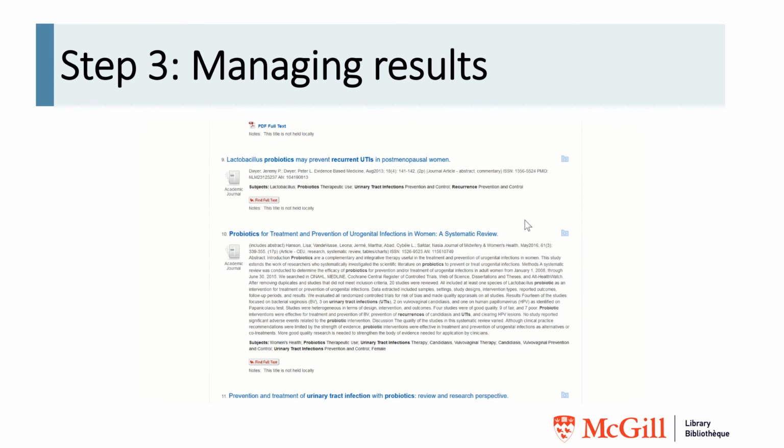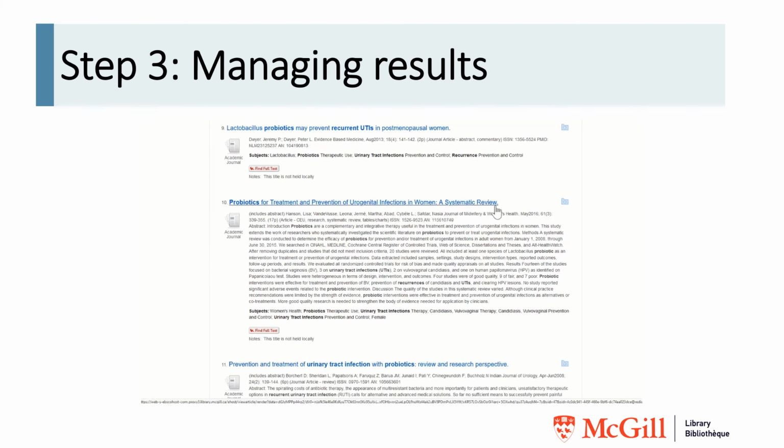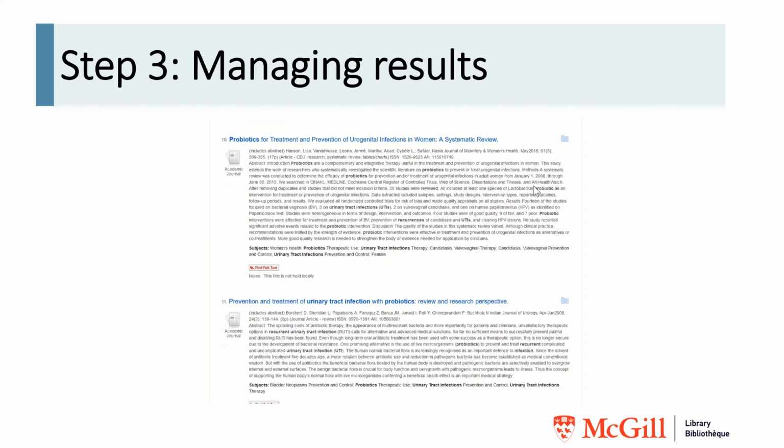And out of all the ones that you found here, this would probably be the best evidence to answer your question. And it's also talking about treatment and prevention. It really answers your question very, very specifically. Now, of course, with 39 articles, you could have just scrolled down and looked for that systematic review.